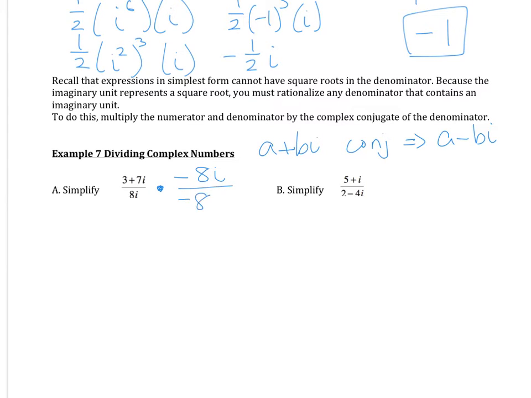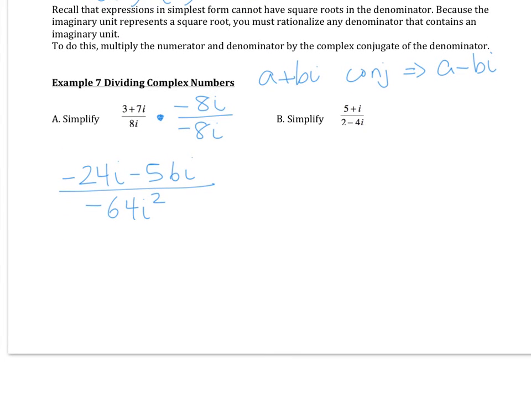So I'm going to multiply this by negative 8i. And we learned how to multiply by distributing. Now we can simplify.